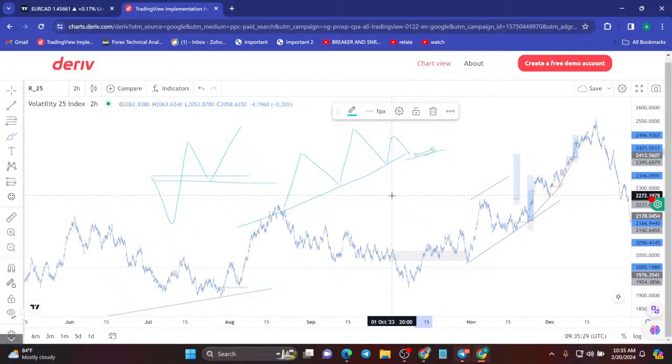So whether you see your 3 touches or you see your breaker block, but for the soup to be sweet, make sure you are joining your breaker block plus your trend line.